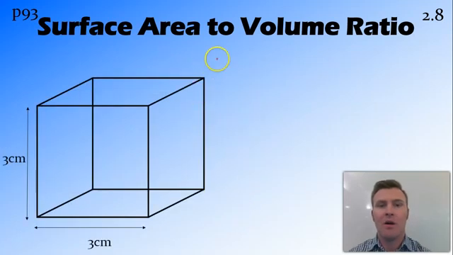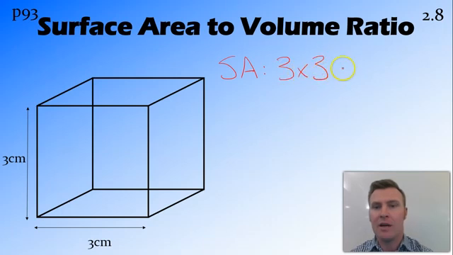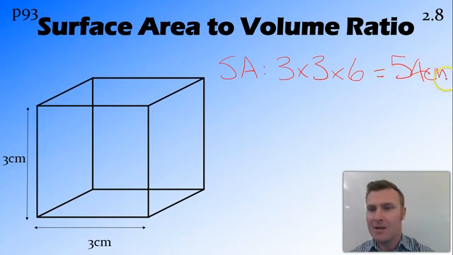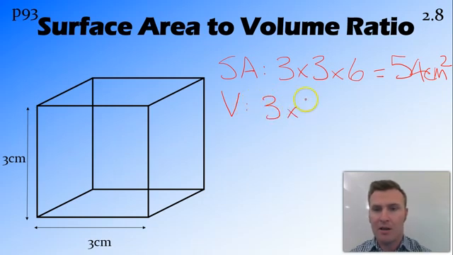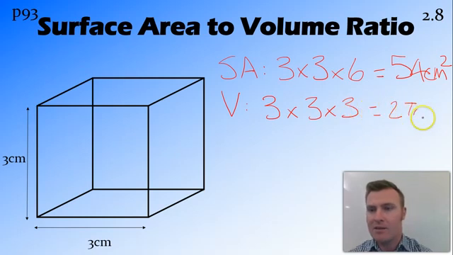Last one. We have a cube that is 3 centimeters in size. So surface area is going to be 3 by 3 by 6. You should be seeing a pattern here. That makes 54 centimeters squared. Our volume is going to be 3 by 3 by 3, giving us 27 centimeters cubed.